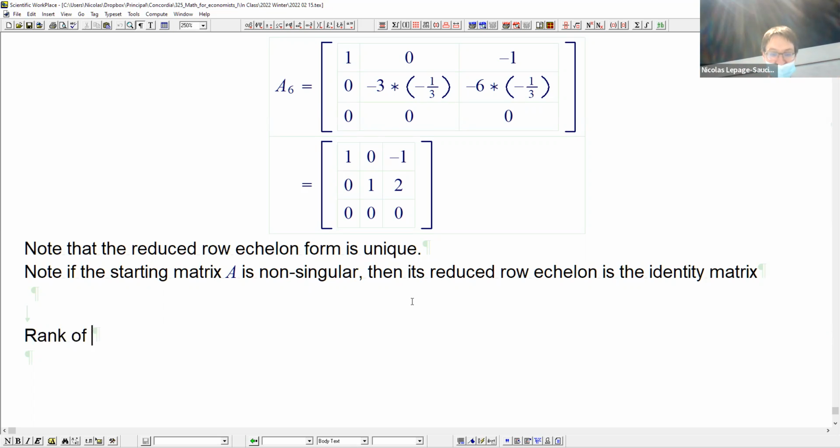Rank of a matrix. So those bullet points.